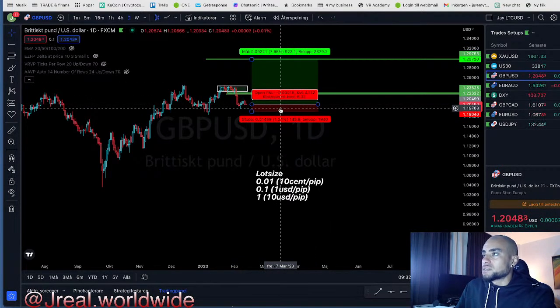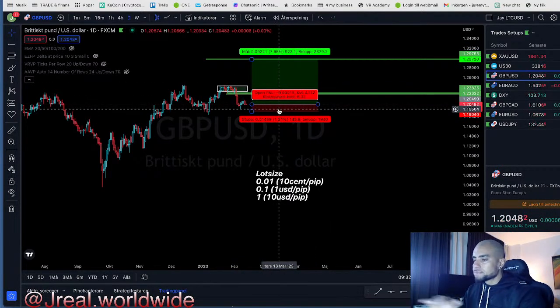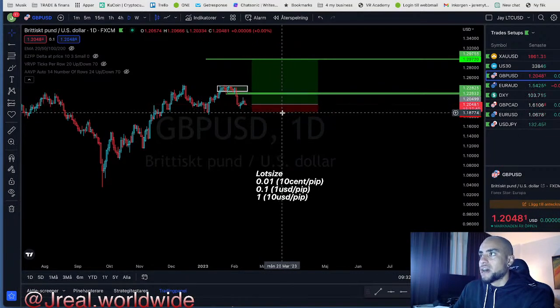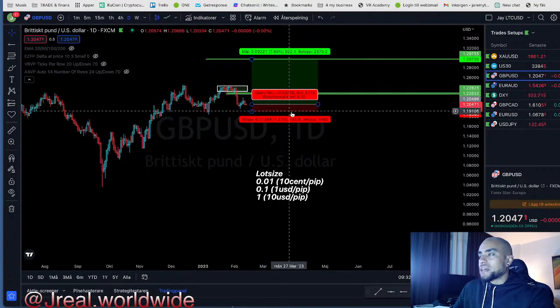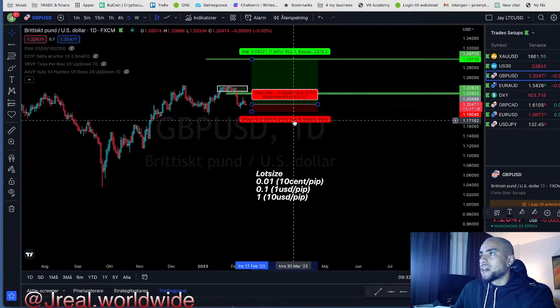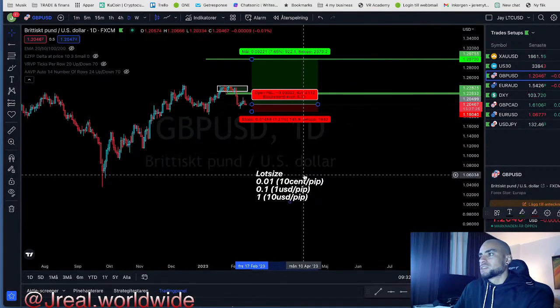And your stop loss is the opposite. It's a limit that you have set for your loss, so you don't want to lose more than that. So if the market goes in the wrong direction, your broker will execute a sell order, so that you only lose 14.5 US dollars if you have a lot size 0.01.